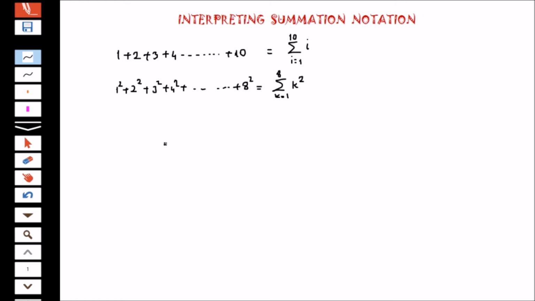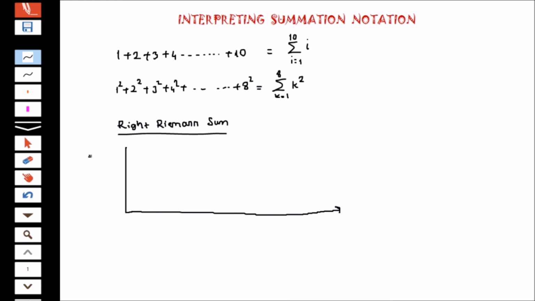Okay, now I would like to explain a relationship between summation notation and definite integral. So start with the right Riemann sum. I would like to show the right Riemann sum using an example graph. X and Y axis.